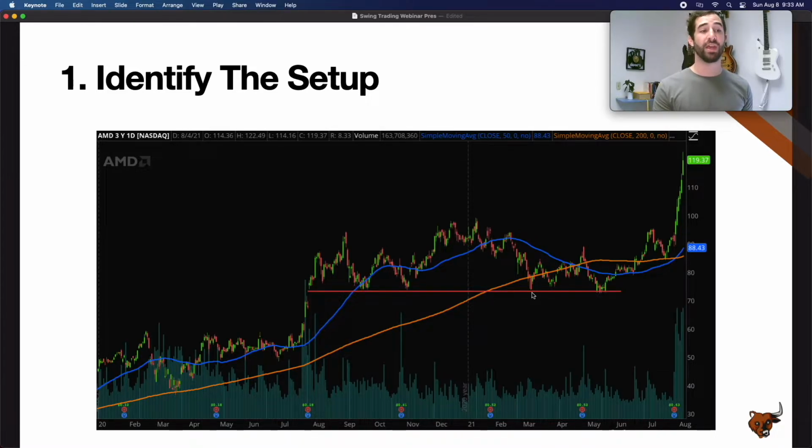Okay, so by now we're looking at a triple bottom, and this is definitely a price level that we want to be looking at, have charted out, and be aware of. Okay, then it pulls up, and look at this, it pulls back down into around the same price level.